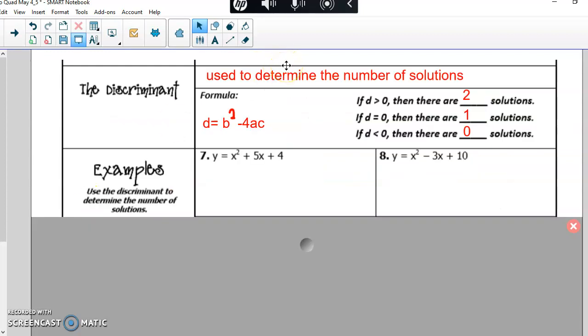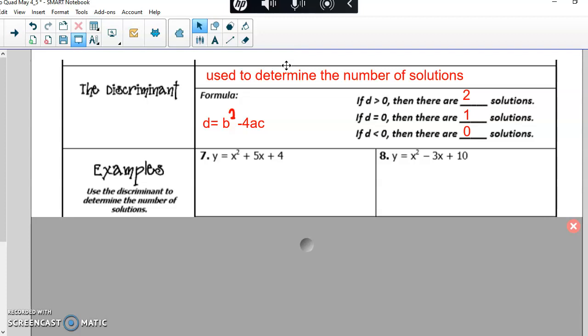So let's talk about what in the world this discriminant thing is. Yesterday we talked about how we have information like our axis of symmetry and our vertex, and that's great. But if we're actually going to draw these parabolas, we also need at least 2 more points, and we need to know what those solutions are so we can draw a better and more accurate graph.